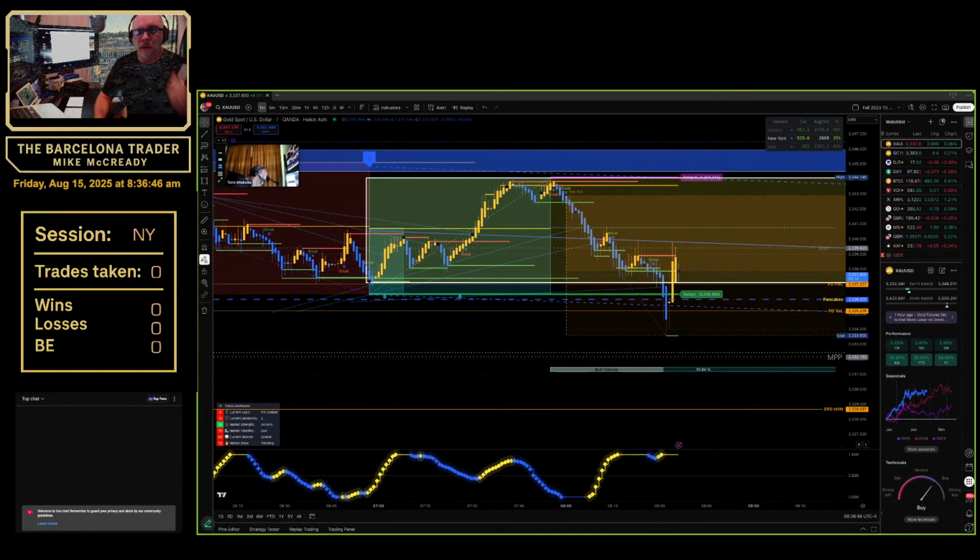All right, so here on the 1 minute chart, we had a failed breakout to the bottom. Came down here in news, popped right back up into the range where we started.